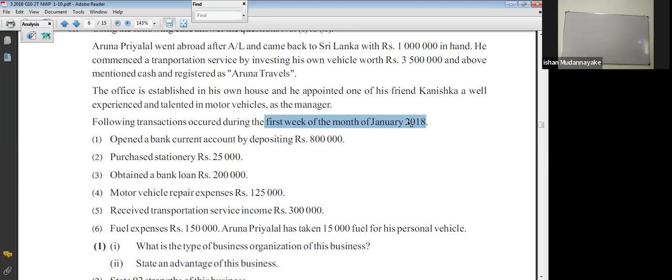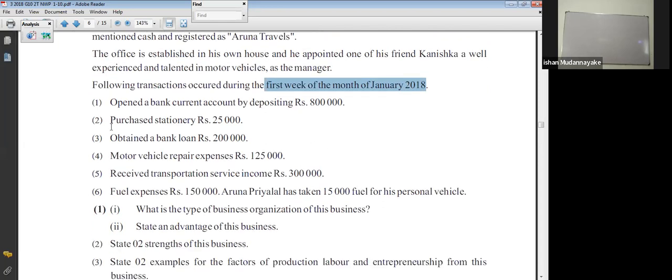Time period is extremely important. Here, first week of the month of January 2018.